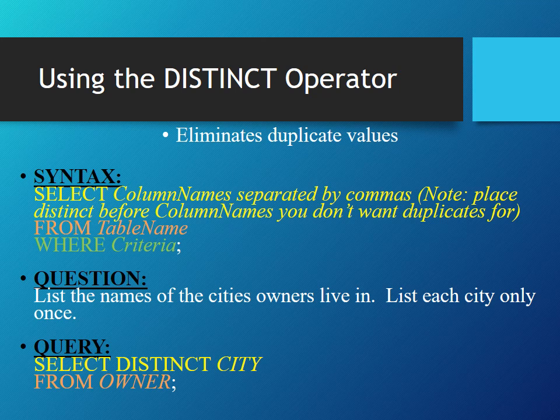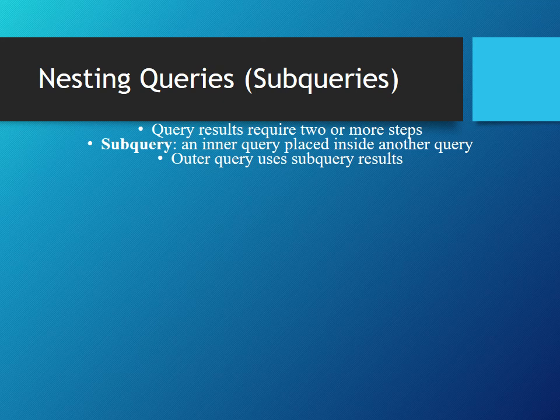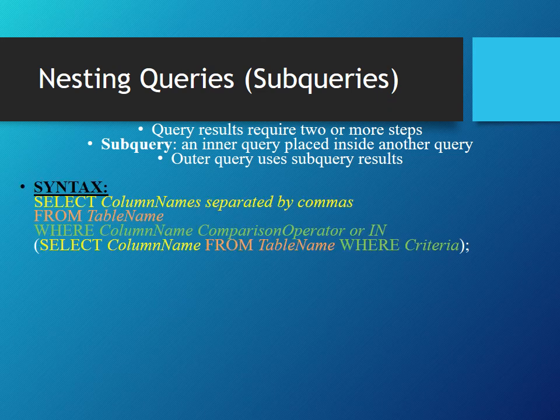Next, we will look at nesting or subqueries. Nesting or subqueries are used when the query results require 2 or more steps. For subqueries, the innermost query is executed first. Let's look at the syntax. For the syntax, notice the 2 sets of select from where statements.